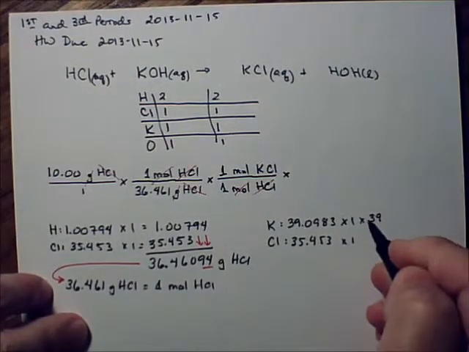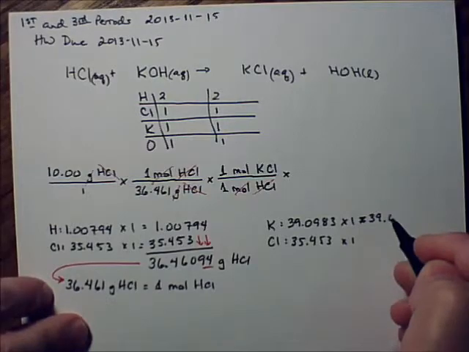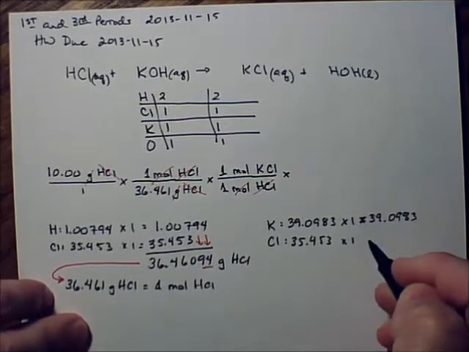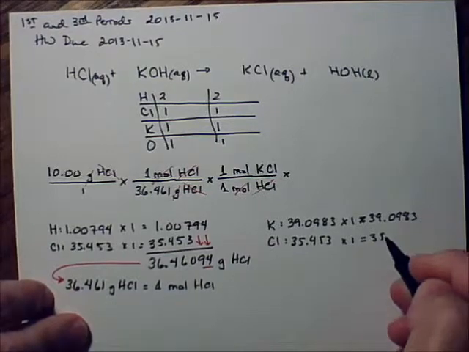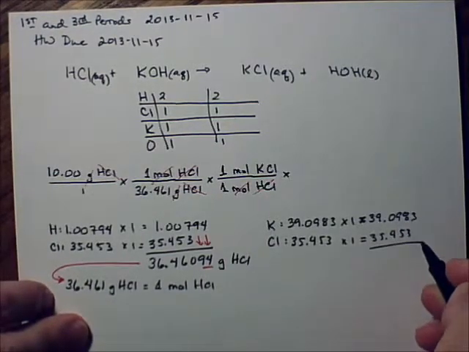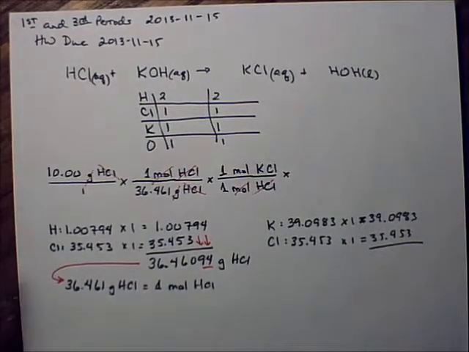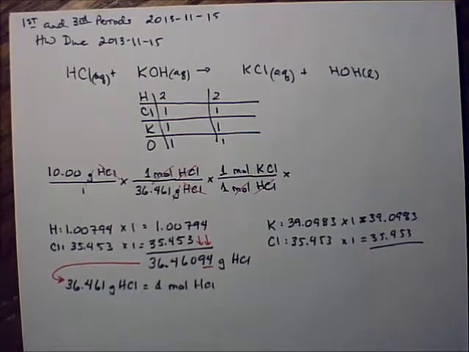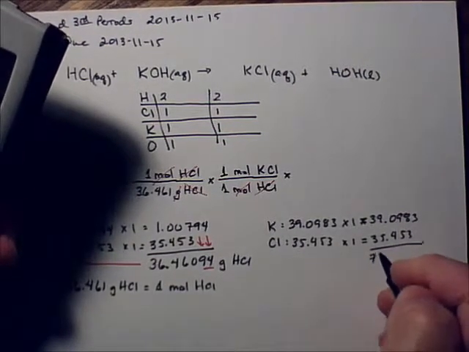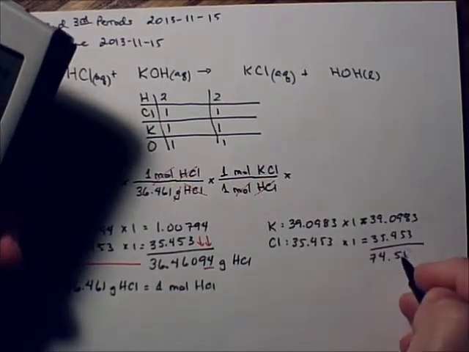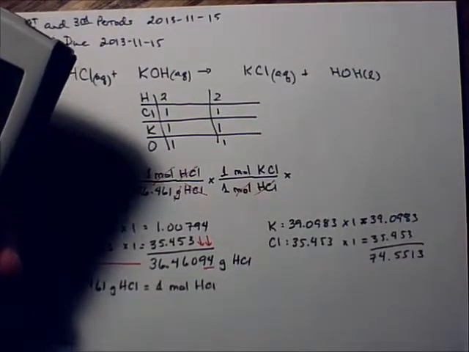Okay, so 39, whoops, that's supposed to be an equal sign, 39.0983 and 35.453. Add those together. 74.5513.